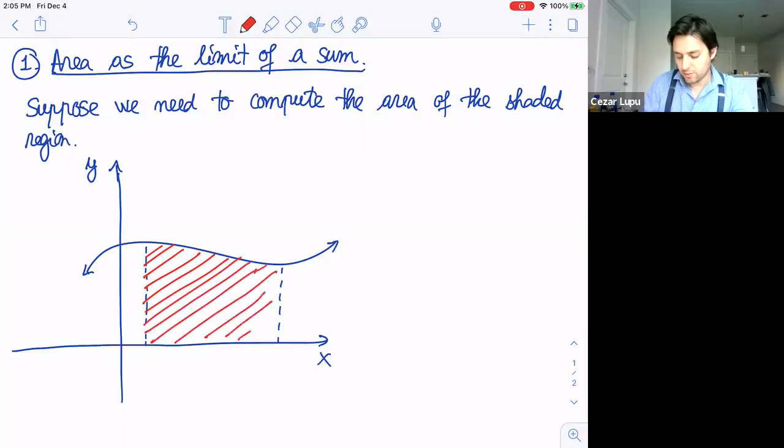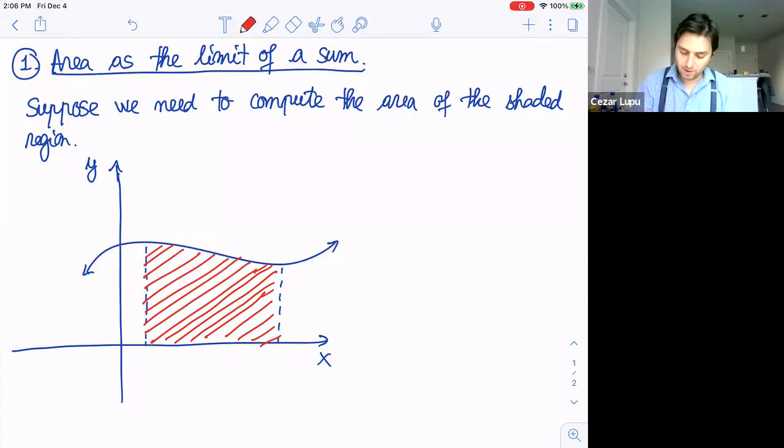This is the shaded region, and we would like to compute its area. How are we going to do this? What we will do is the following. We're going to break it up into rectangles.